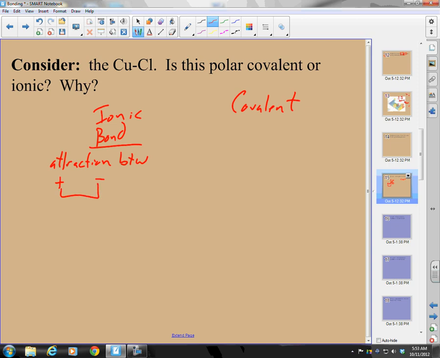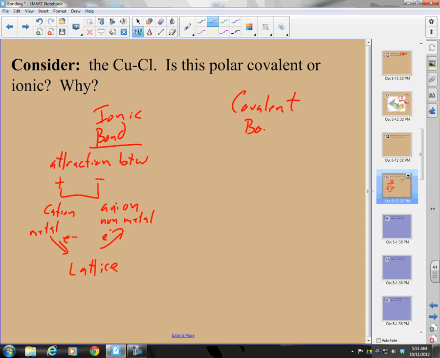This cation is usually a metal which has lost an electron, and the anion is a nonmetal which has usually gained at least one electron, and these guys then end up forming a lattice. So that's the general idea of an ionic bond.